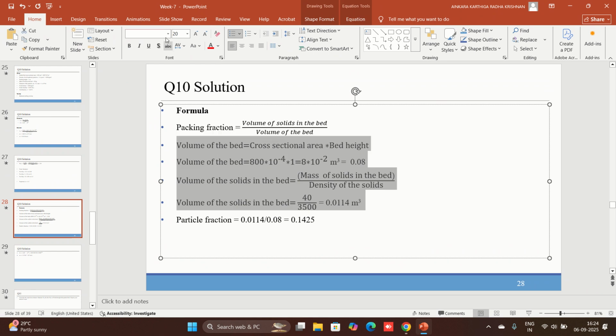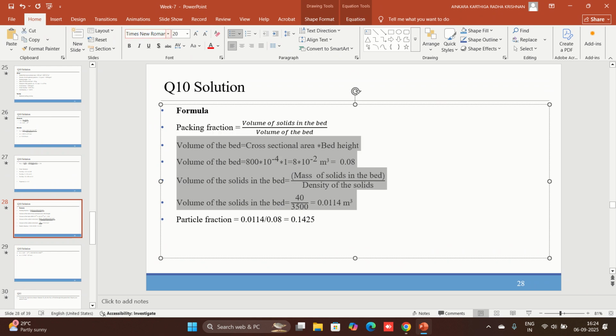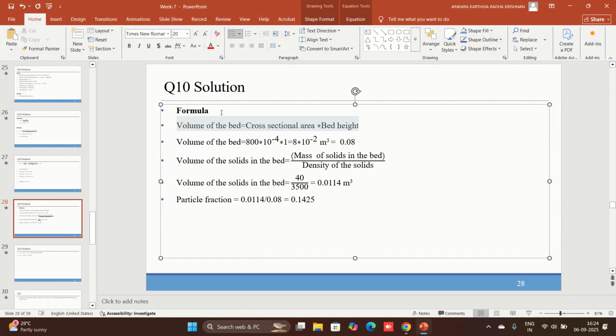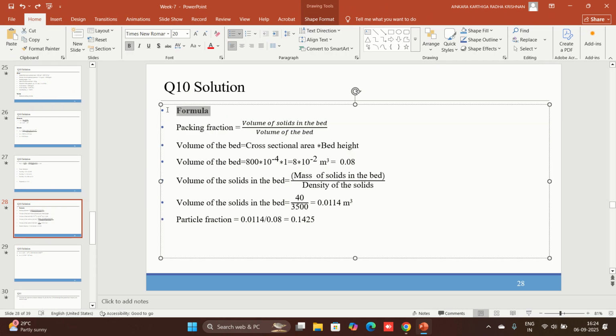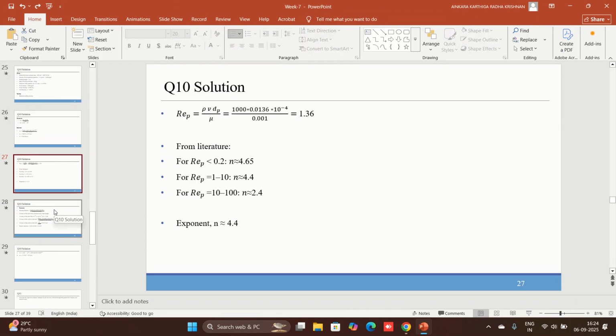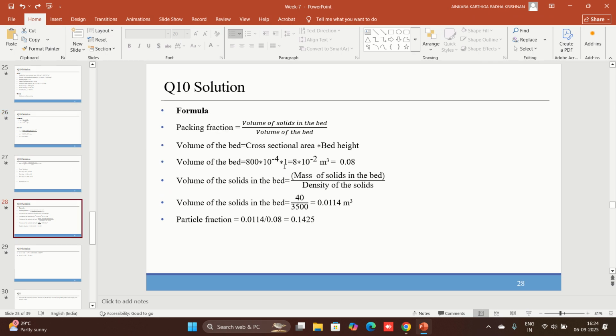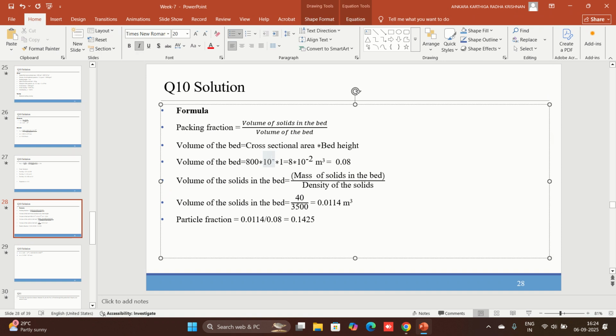So okay, packing fraction, why do we need to calculate again? This is not required. Okay, this we should have done in the last slide itself, no? Okay, okay, we are just going step by step, nothing else.